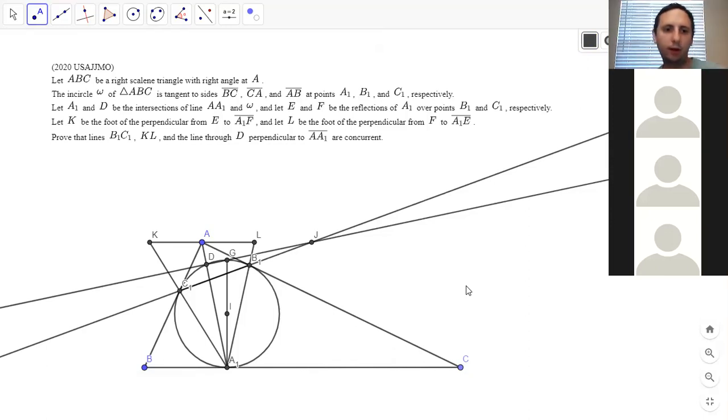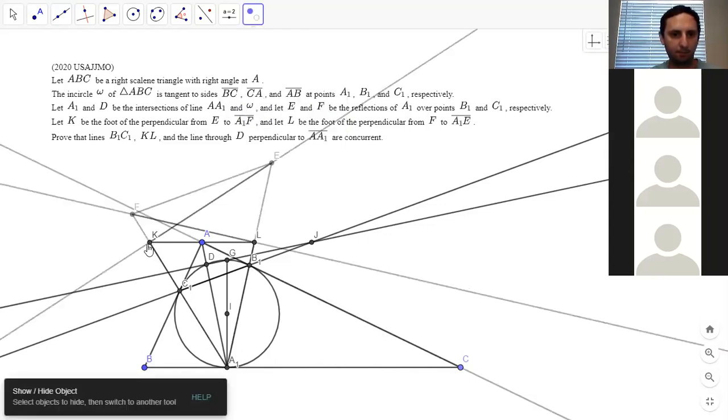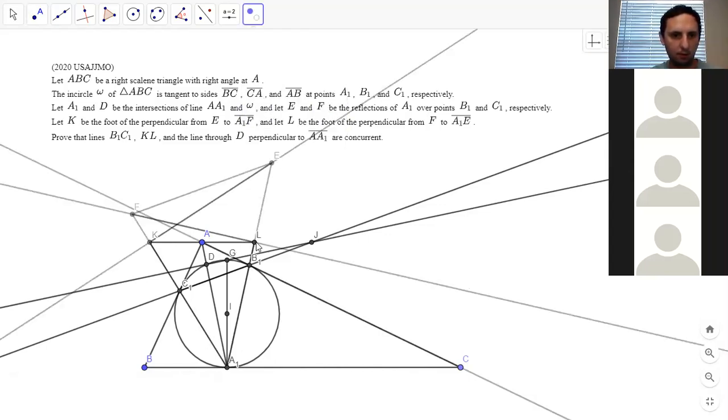Feels like, so J lies on the polar of A. So A therefore lies on the polar of J. And delete K and L. Whoops, sorry.